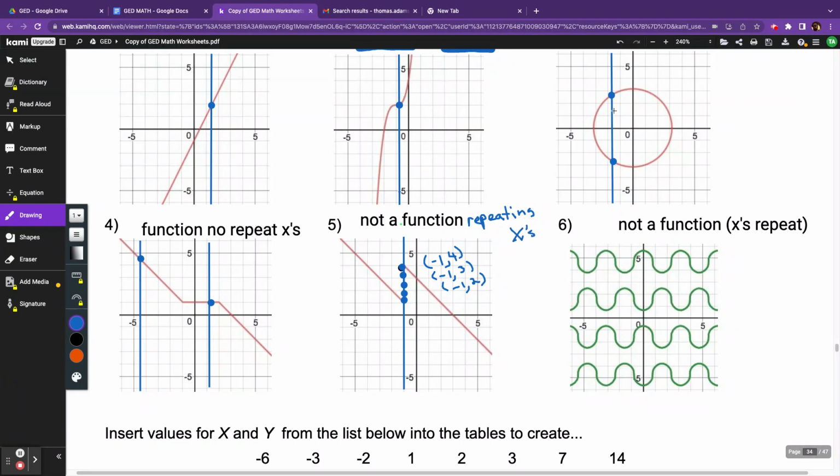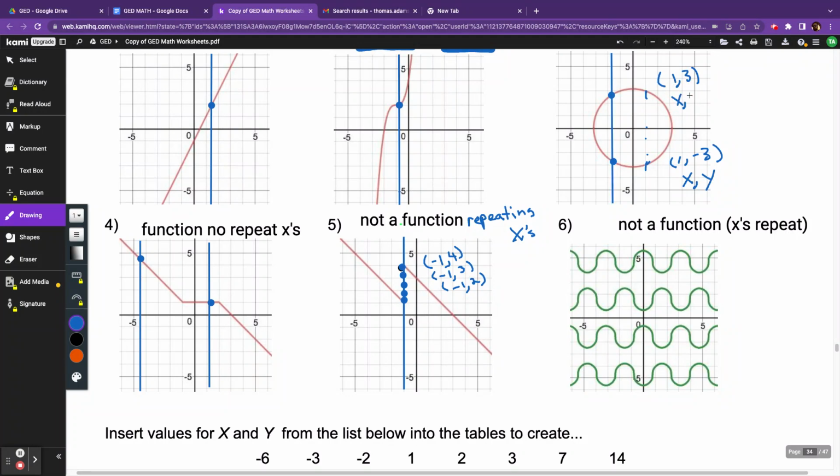If we go up here, wherever I cross this line, here and here, that would be like the point 1, 3. And over here, it's 1 comma -3. So you're just counting: I go over 1 and then down 1, 2, 3. This is the x value, and this is the y value.